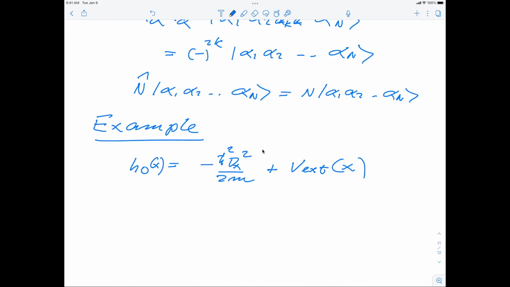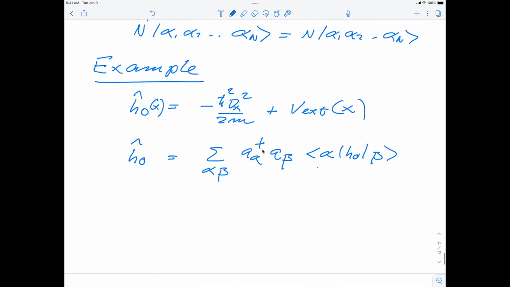So the general operator in second quantization is going to look like a sum over alpha and beta. It's going to have a creation operator a_alpha dagger, an annihilation operator a_beta, and then there's going to be a matrix element, alpha H0 beta.